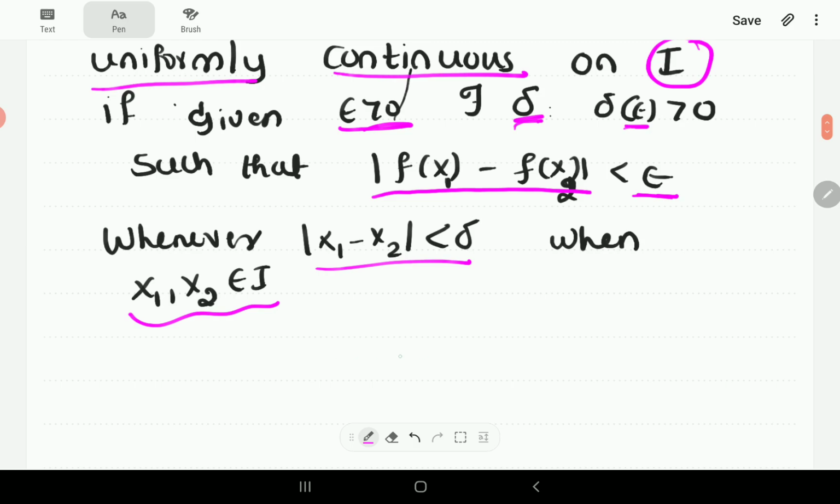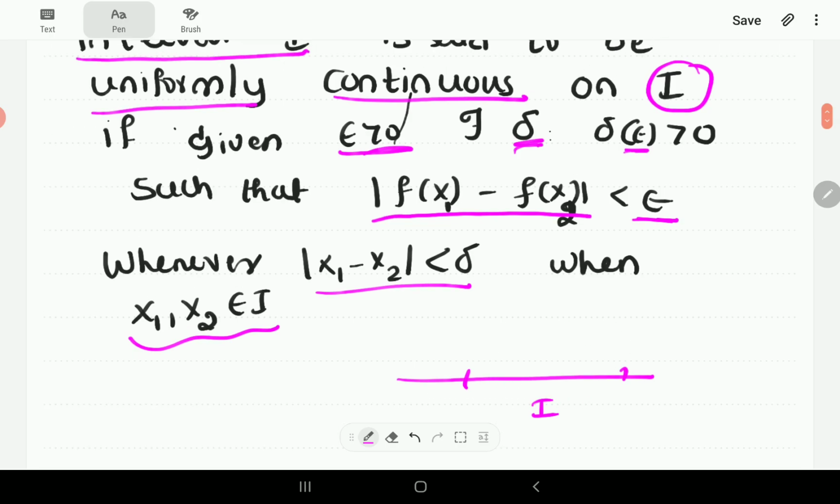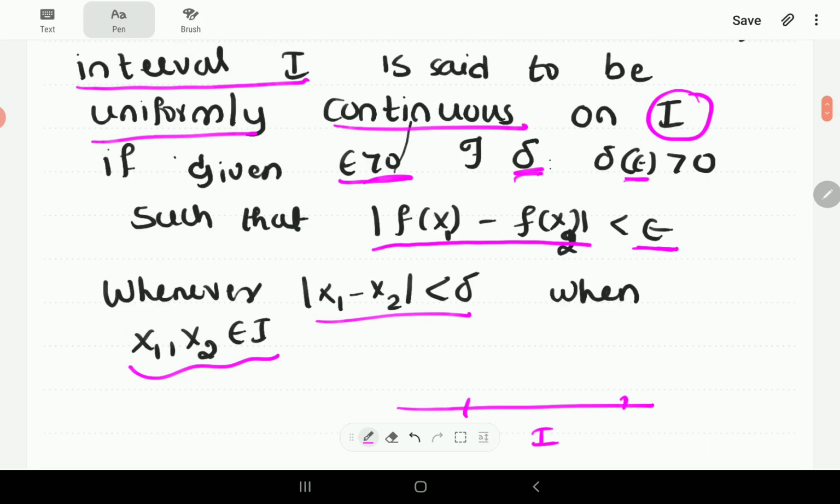Suppose you have the interval, say I, and we're talking about uniform continuity on this interval. Here we are saying that the given function is uniformly continuous on this interval.